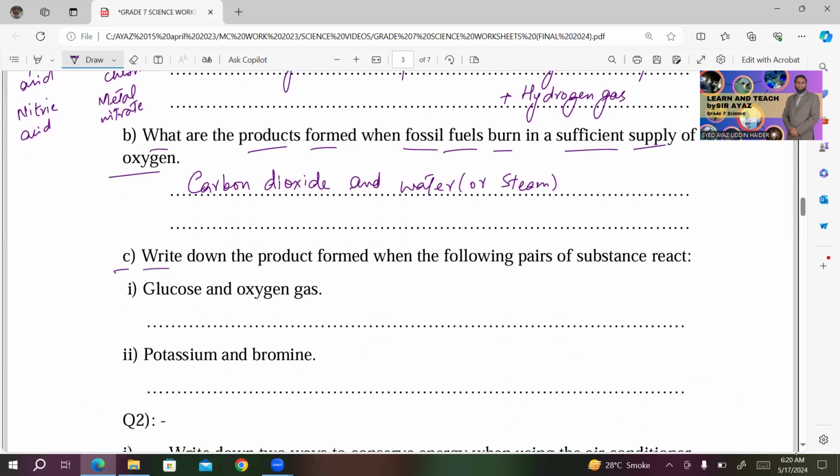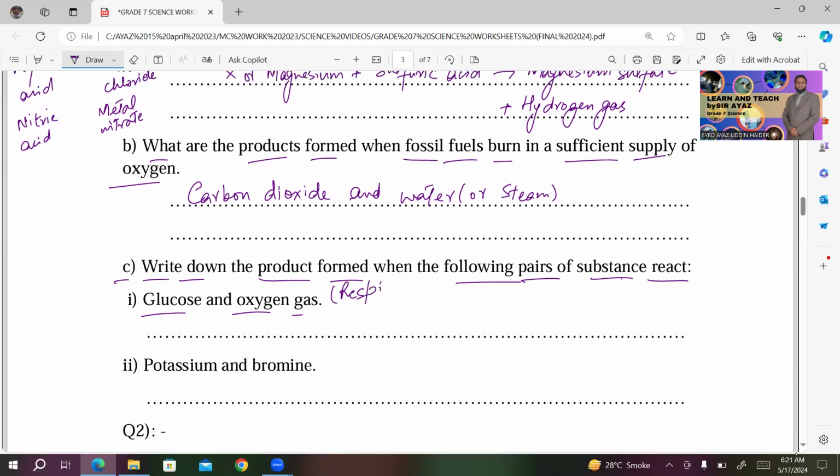Number C, write down the product formed when the following pairs of substances react. Number 1, glucose and oxygen gas. This is the reaction which takes place in our body. It's a respiration reaction. So glucose plus oxygen.